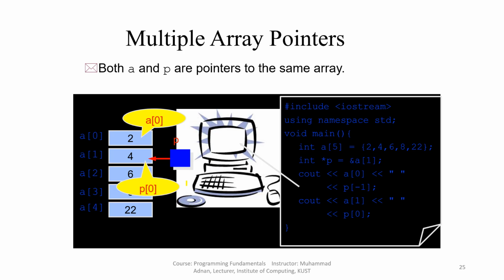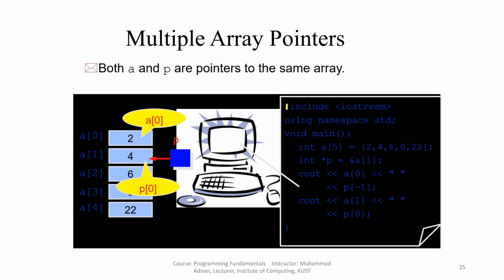So already we have p holding a of 1, but if we write p minus 1, it will point to the first element. But if we just print a of 1 and then p of 0, this time a of 1 will print 4, whereas p of 0 will print 2.